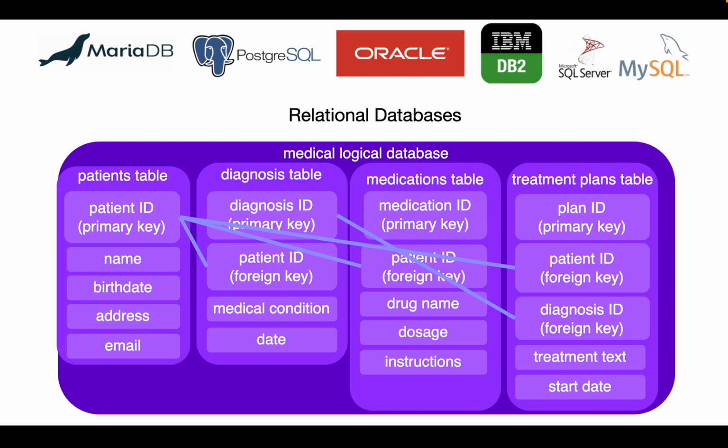So what is a relational database? A relational database basically has lots of different tables. They just look like Excel spreadsheets. So they've got maybe a patient ID, name, birth date, address, email. And what makes it relational is that you can have one element linking to another table. So in this case, we've got the patient ID is used by the other tables as well.